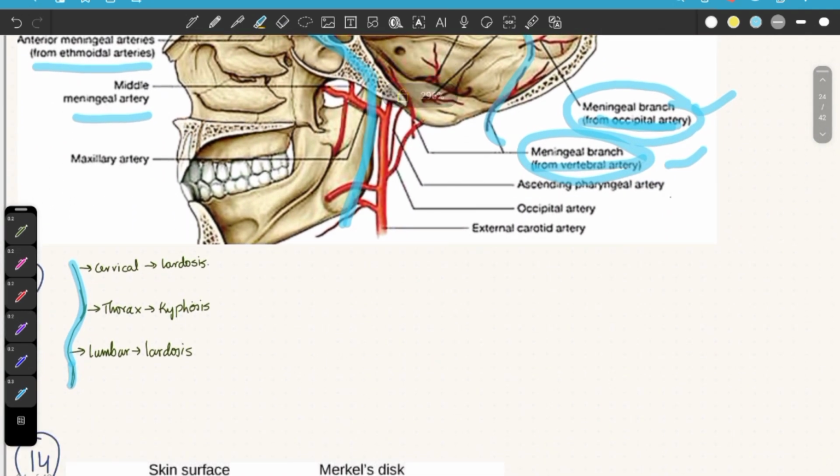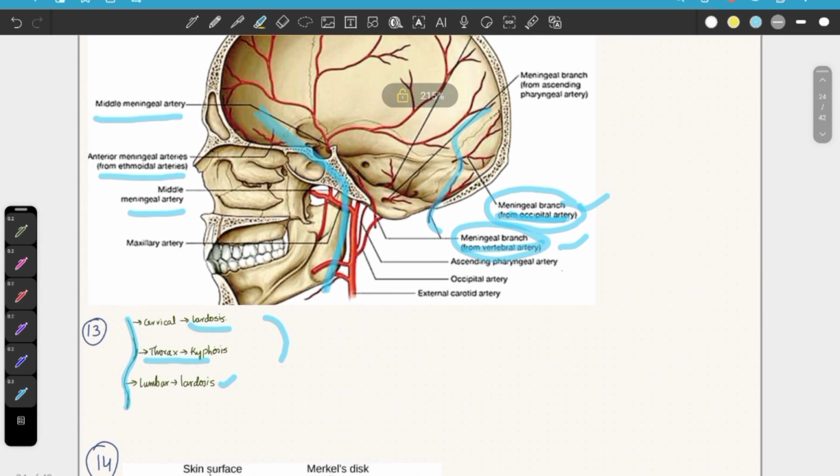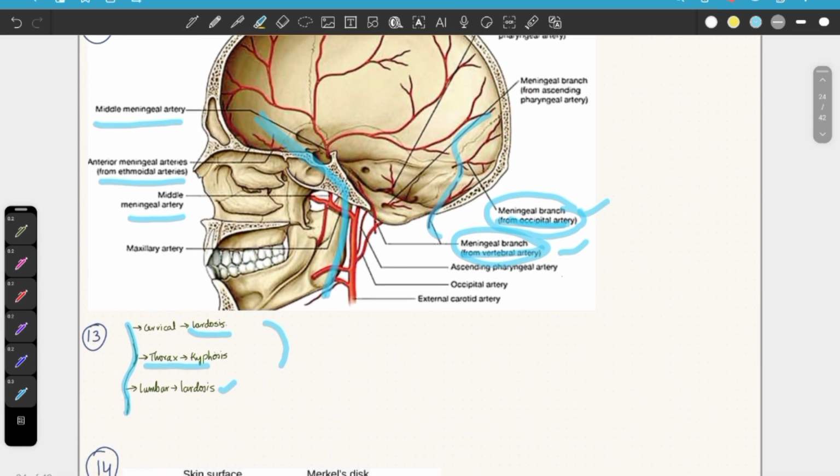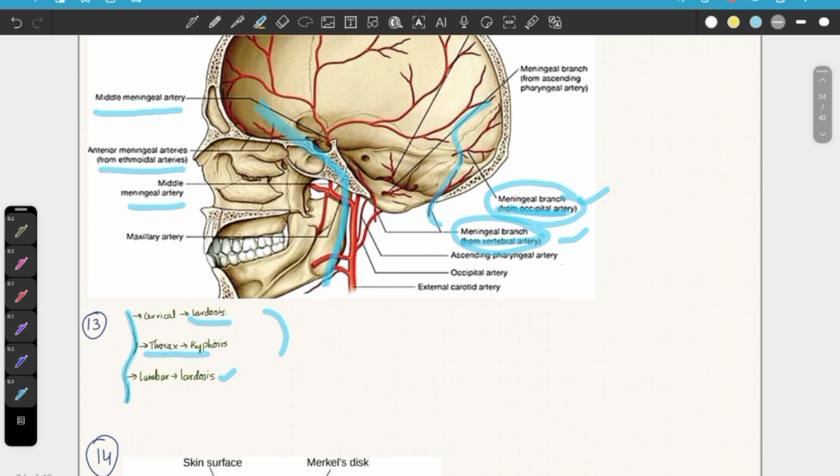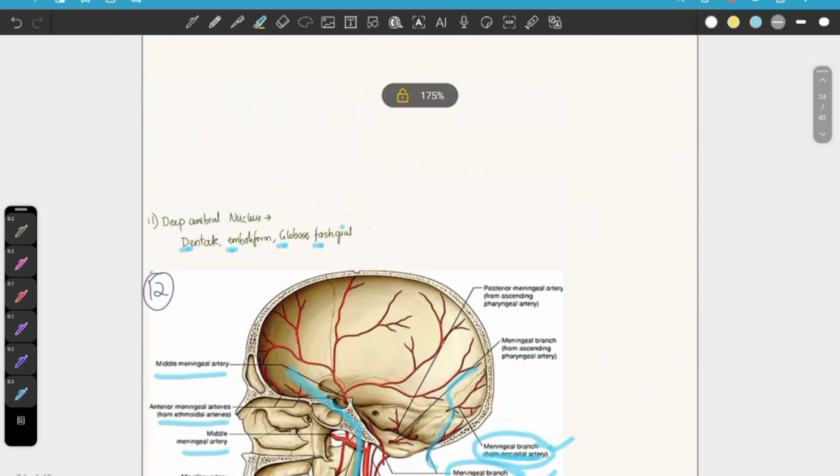In the cervical we can see lordosis, that is this type of curve, whereas in the thorax you can see kyphosis, and again in the lumbar you can see lordosis.